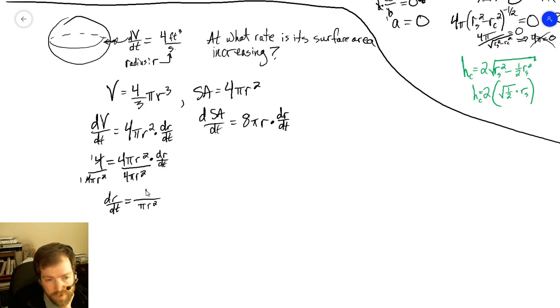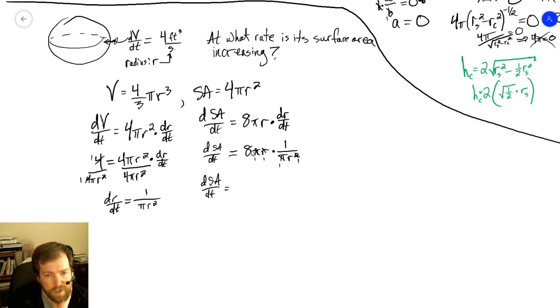All right, dr/dt equals 1 over pi r squared. This then comes over here, and we get 8 pi r times 1 over pi r squared. dSA/dt equals, here we got a pi out of both places. Here we got an r in both places, so we can divide out 1 here for that one.